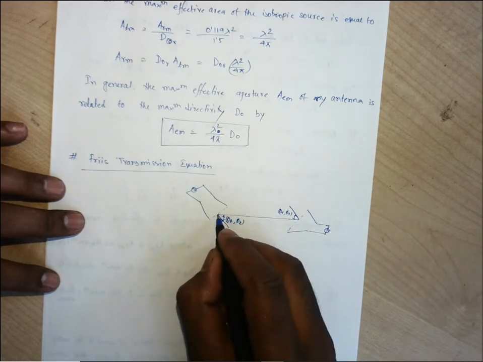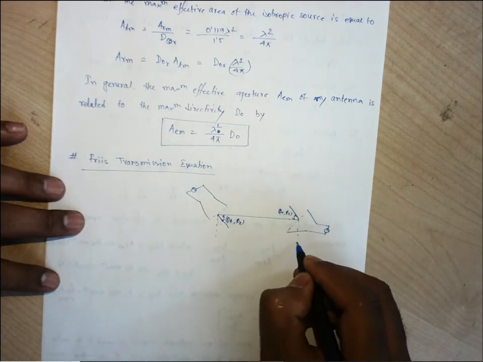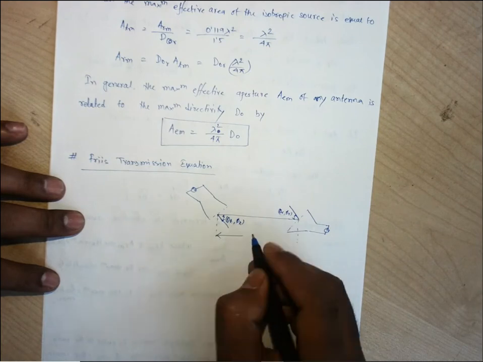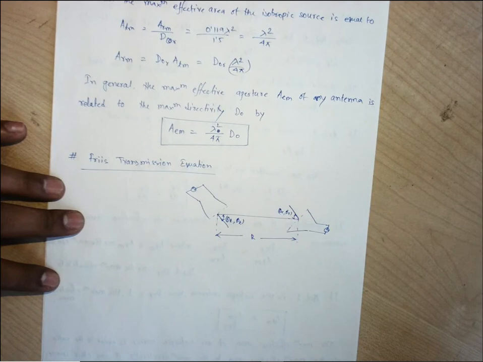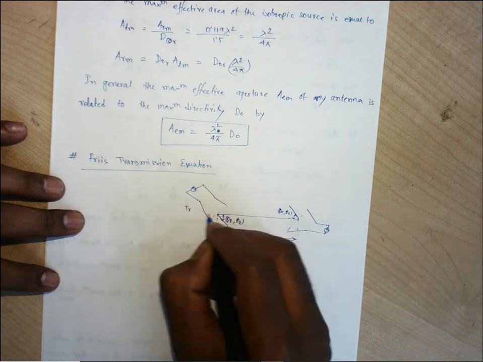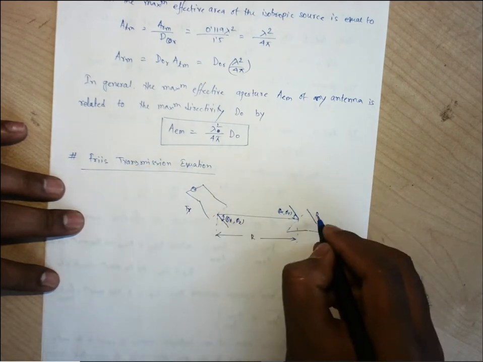This distance is R. This is your transmitter, this is your receiver.